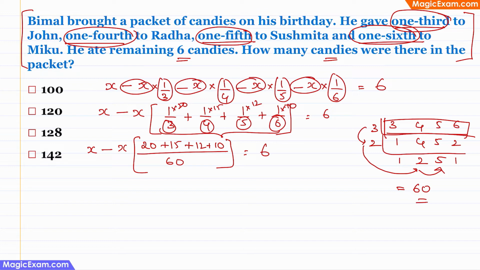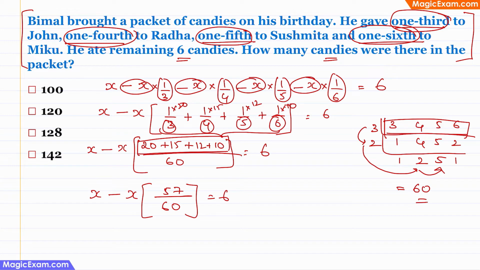So now if we add these 4 numbers, what do we get? We get x minus x into 57 divided by 60 is equal to 6.